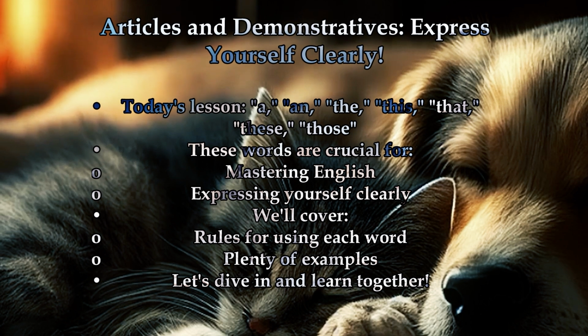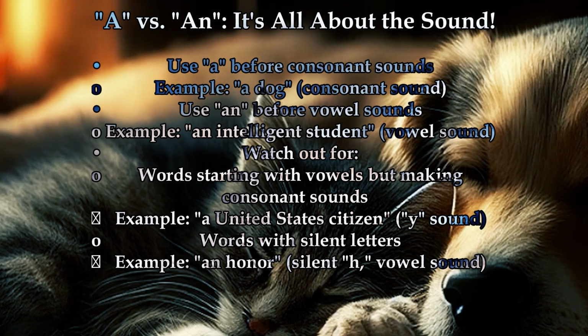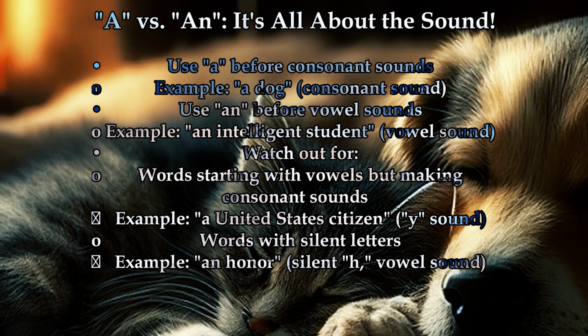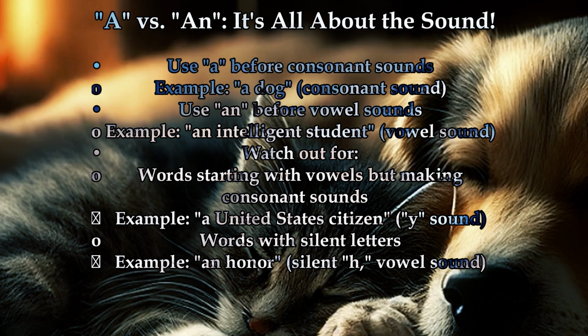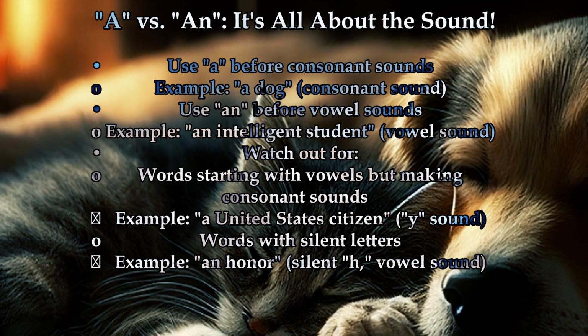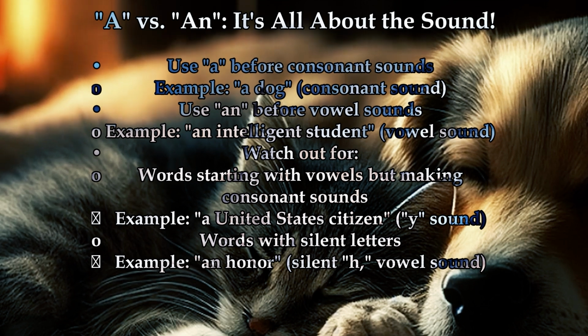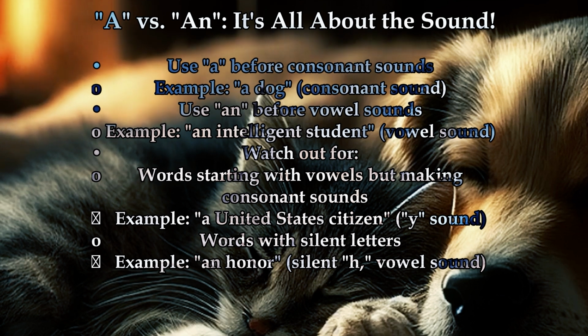Listen to these examples. 1. In the sentence, I'm thinking of adopting a dog from the shelter. The word dog starts with a consonant sound, so we use a. 2. In the sentence, she's an intelligent student who always asks insightful questions. The word intelligent starts with a vowel sound, so we use an. 3.